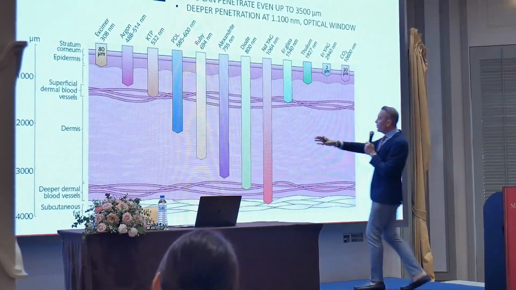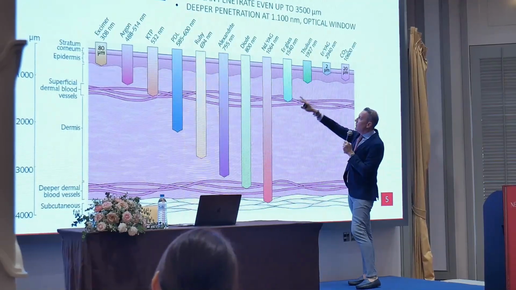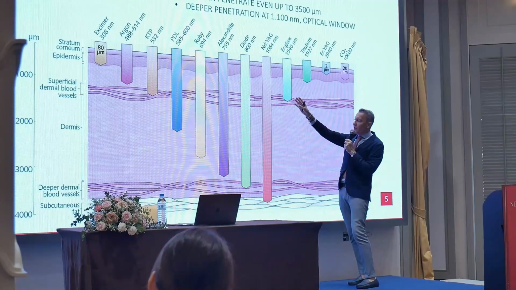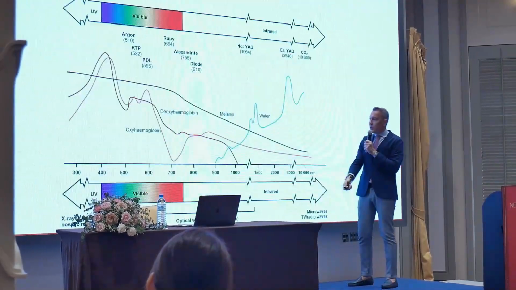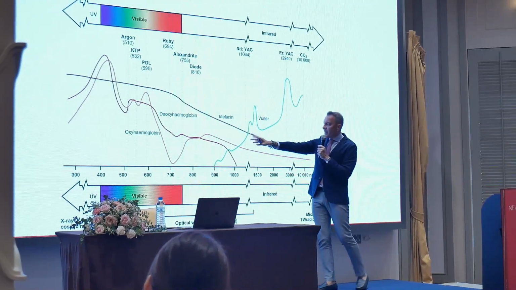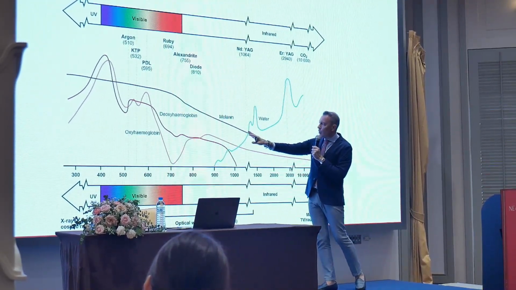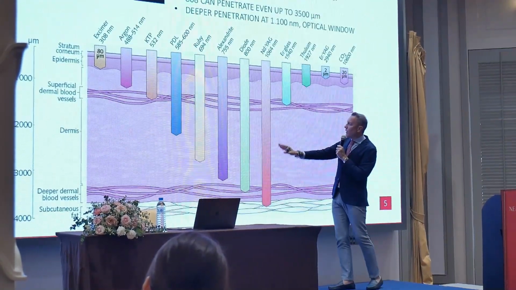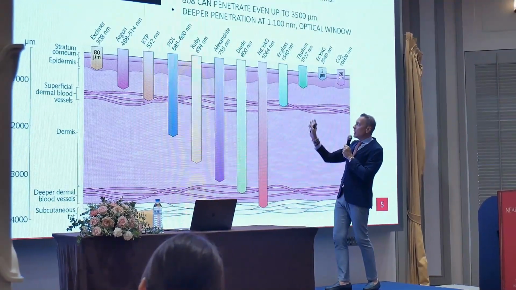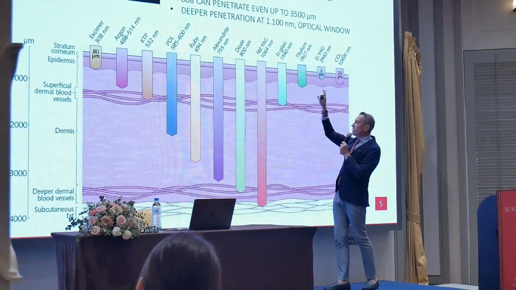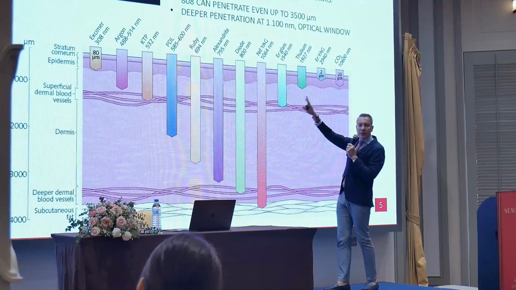And when we have water absorption, you see that the penetration of this laser is quite superficial in comparison with this one. Because we have to remember that water is starting to be the prevalent chromophore around 1,200 nanometers. So it makes sense that whenever we have water absorption, we are more superficial. So these are all the lasers working on the skin. Superficial.